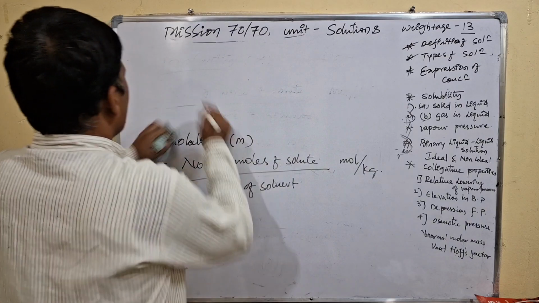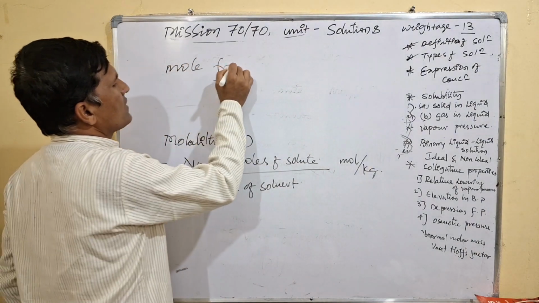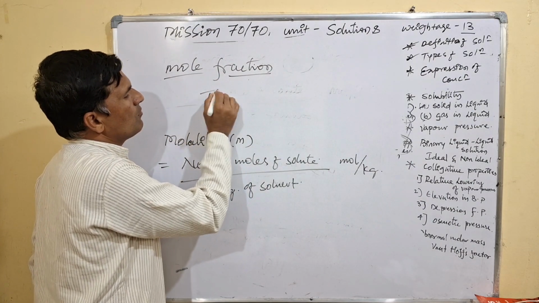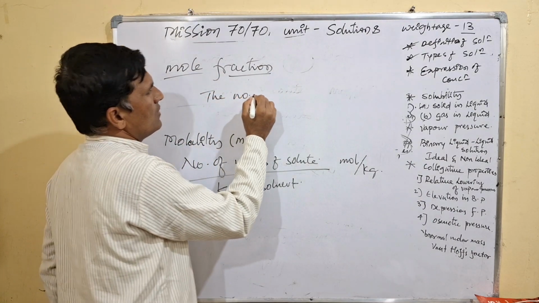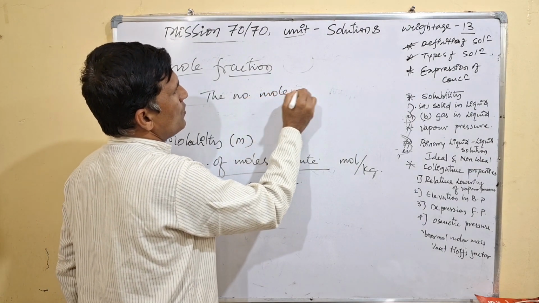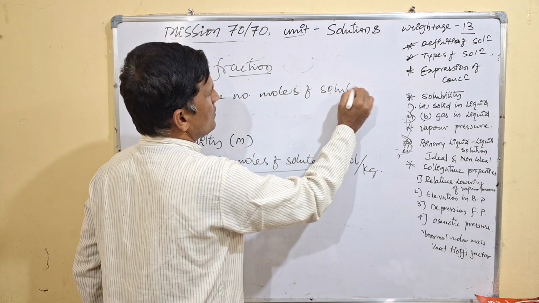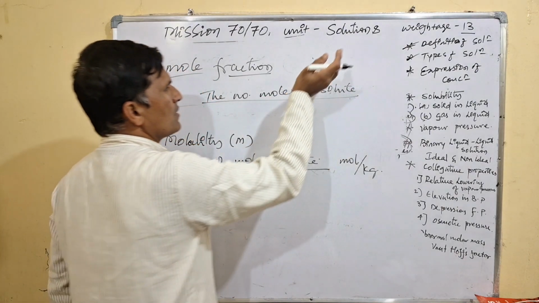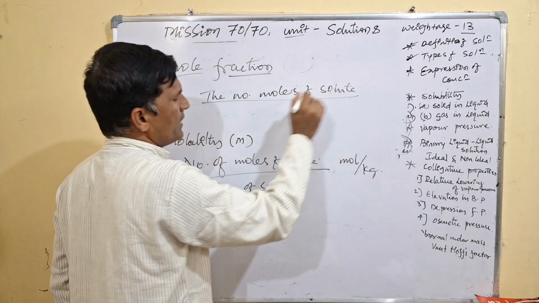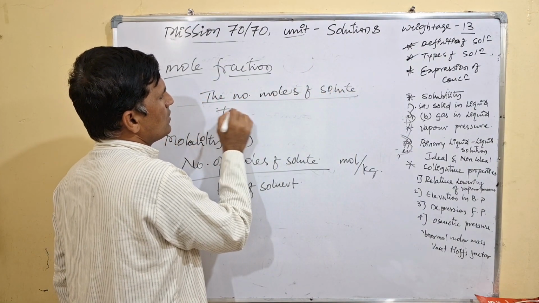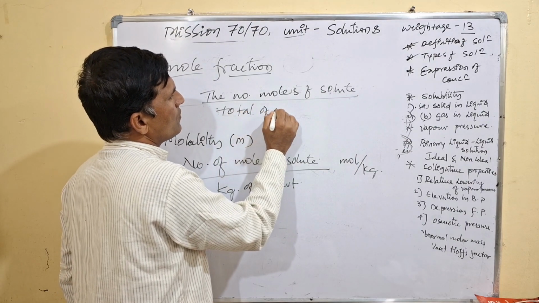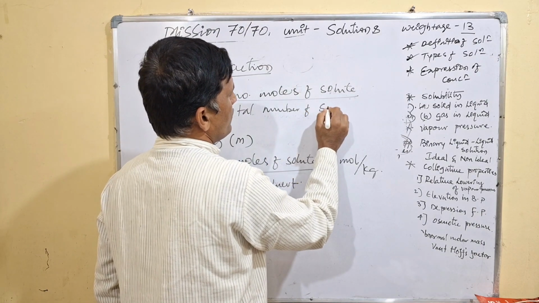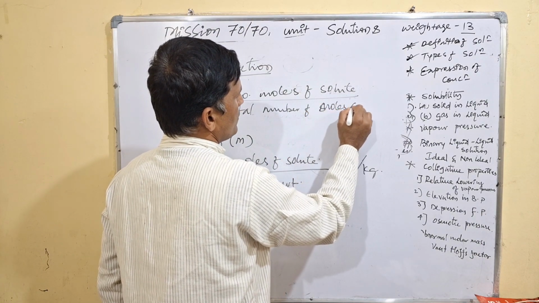So how do we express this mole fraction? Mole fraction means the number of moles of solute, or any component of the solution, number of moles of a component, to the total number of moles of solution.